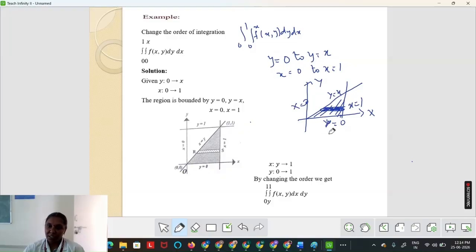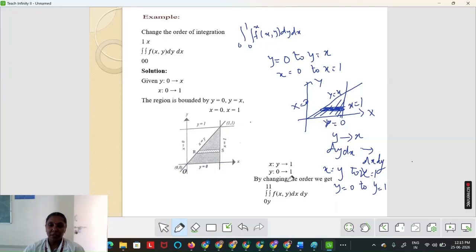So, by changing the order, dy dx becomes dx dy. Now we get new limits: x equal to y to x equal to 1, and y equal to 0 to y equal to 1.